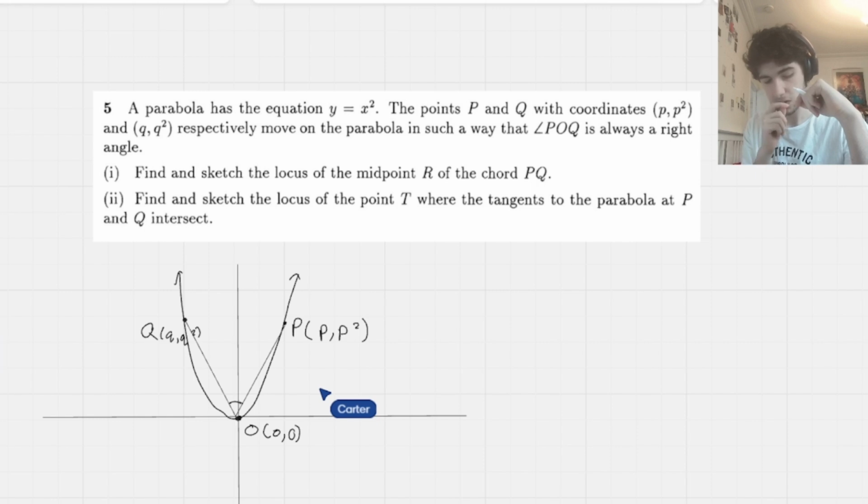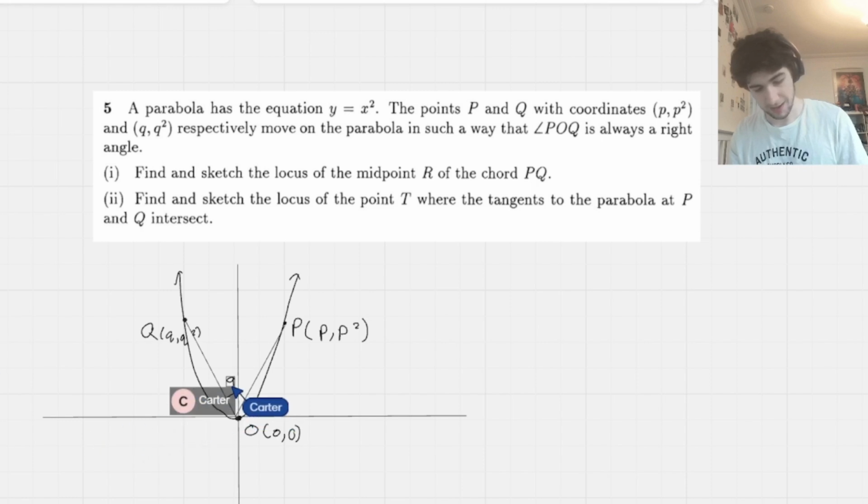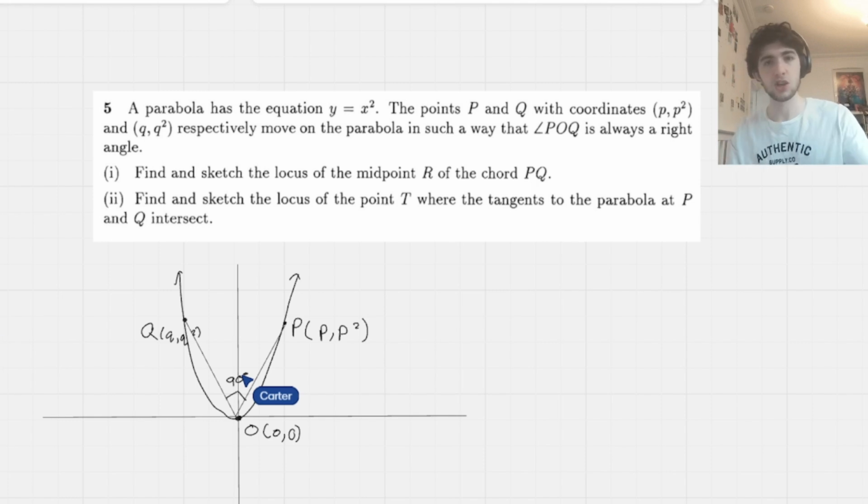The thing that we want is for this angle here to be 90 degrees, to be right. Obviously, it doesn't look right in my case, but it should be if the points P and Q are chosen correctly. And the point of this question is we're always making the correct choice.